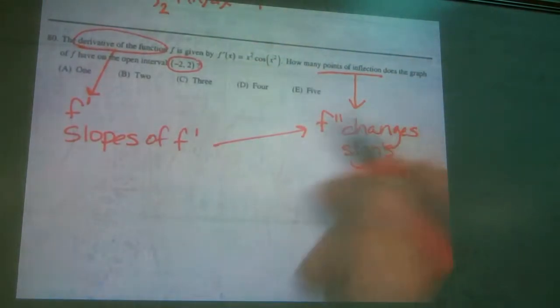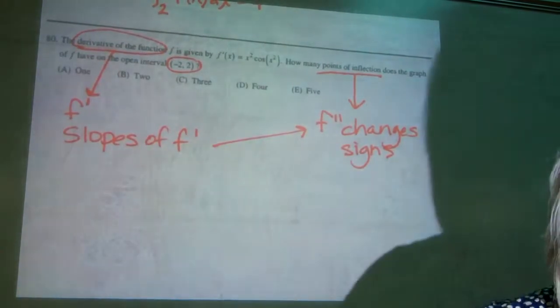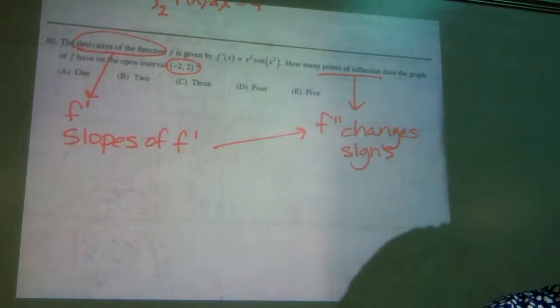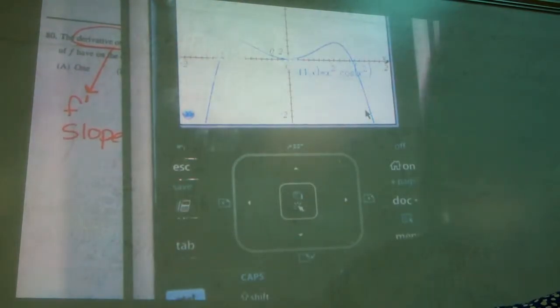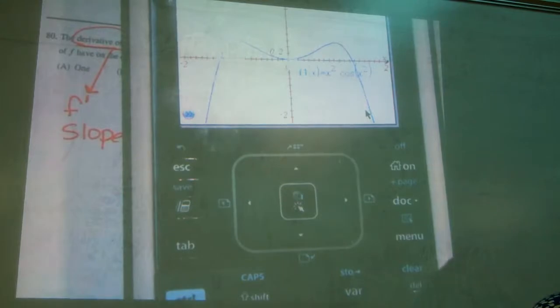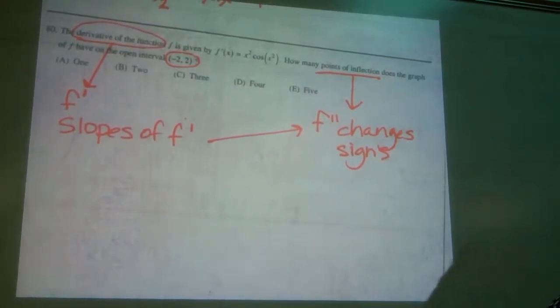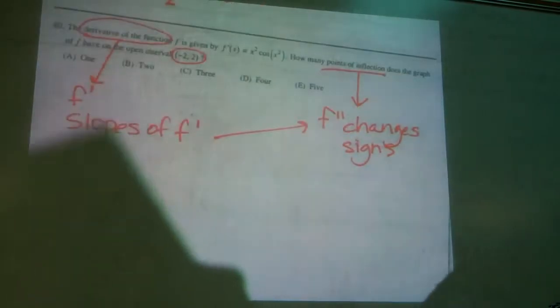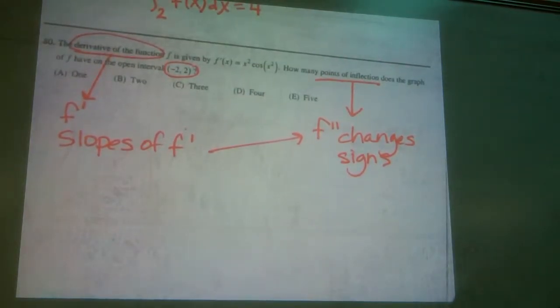When it says -2 and 2, is that your x? Was the answer C? The answer was E. Why was the answer E? X squared cosine of x squared. I don't see why it would be E. Why it would be.